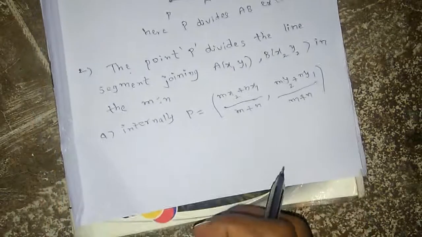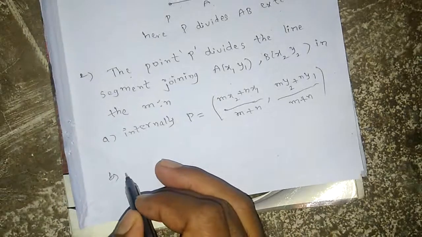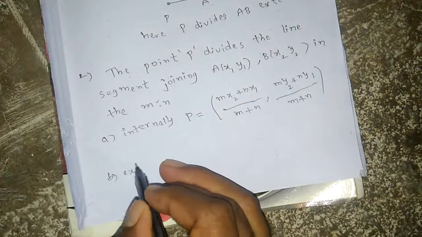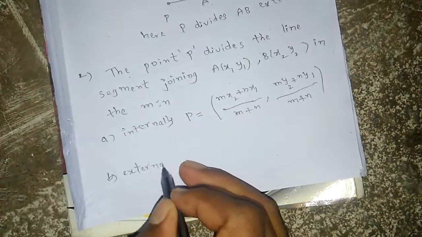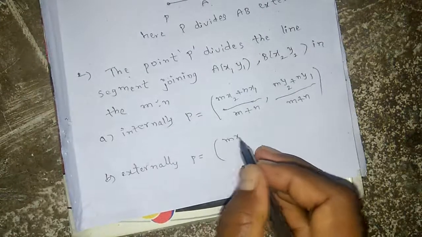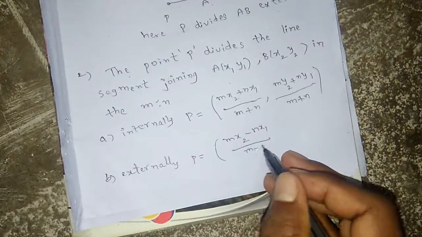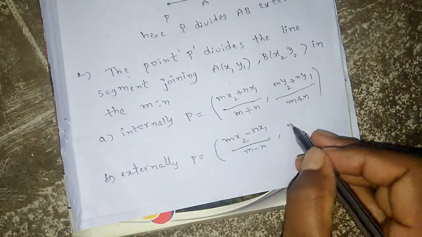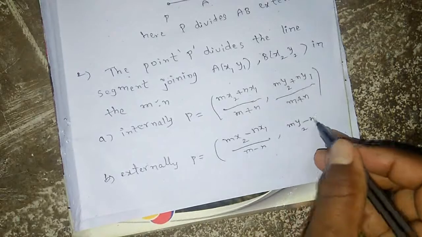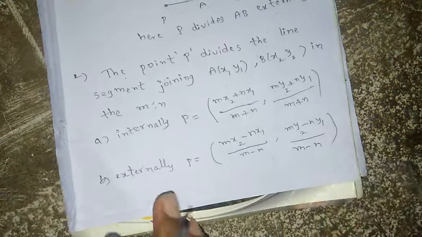If P divides externally, then coordinates of P are (mx2 - nx1)/(m - n), (my2 - ny1)/(m - n).